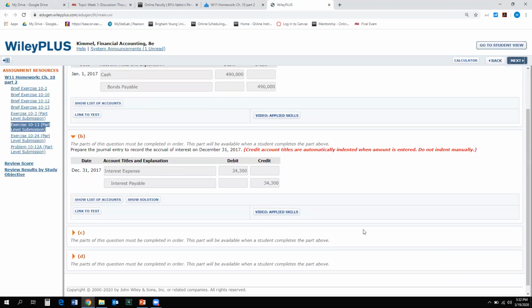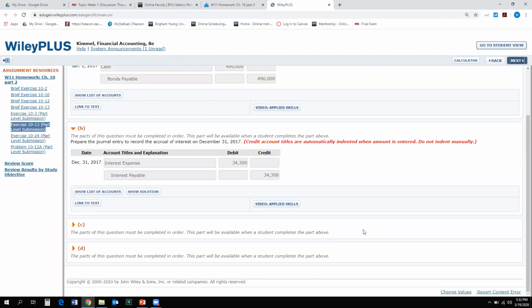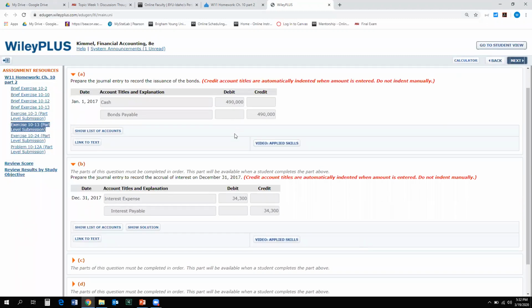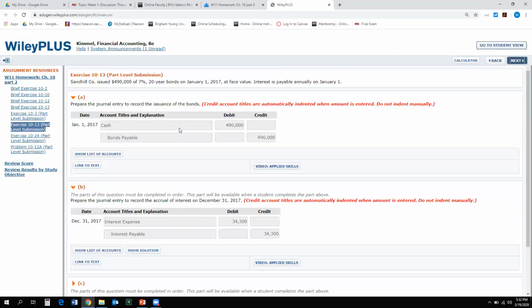And then it wants us to record the entry for the accrual of interest at December 31st. So what we have to do is say, okay, this bond is $490,000. It pays, what did we say? 7%.